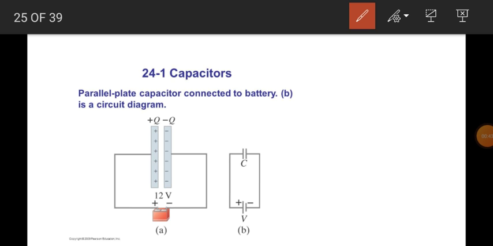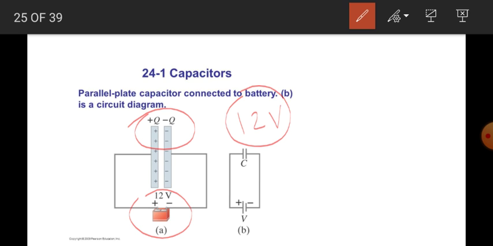As you can see here, a 12 volt battery is connected to the capacitor plates, and now you can see the charges on the capacitor. So the potential difference between these two plates will be 12 volt. So it's like a battery.